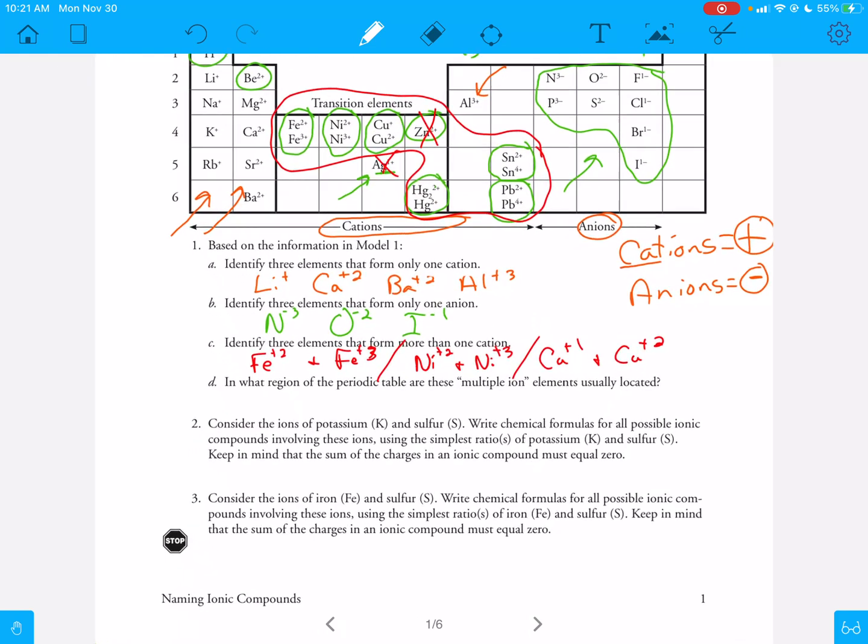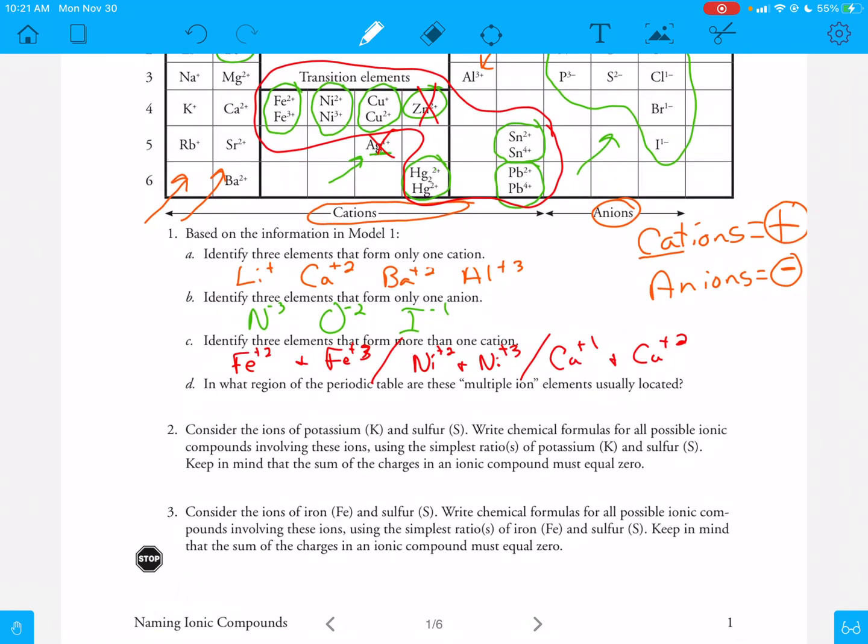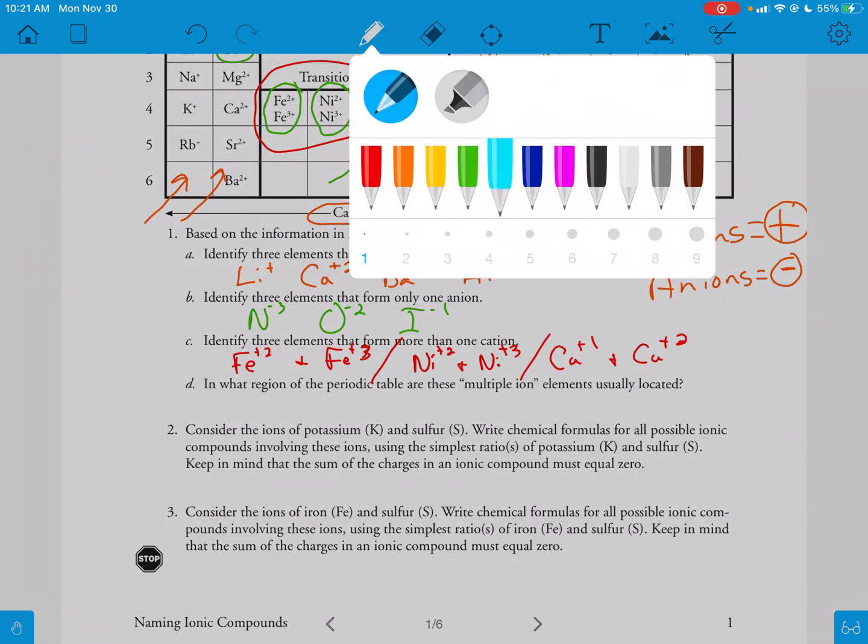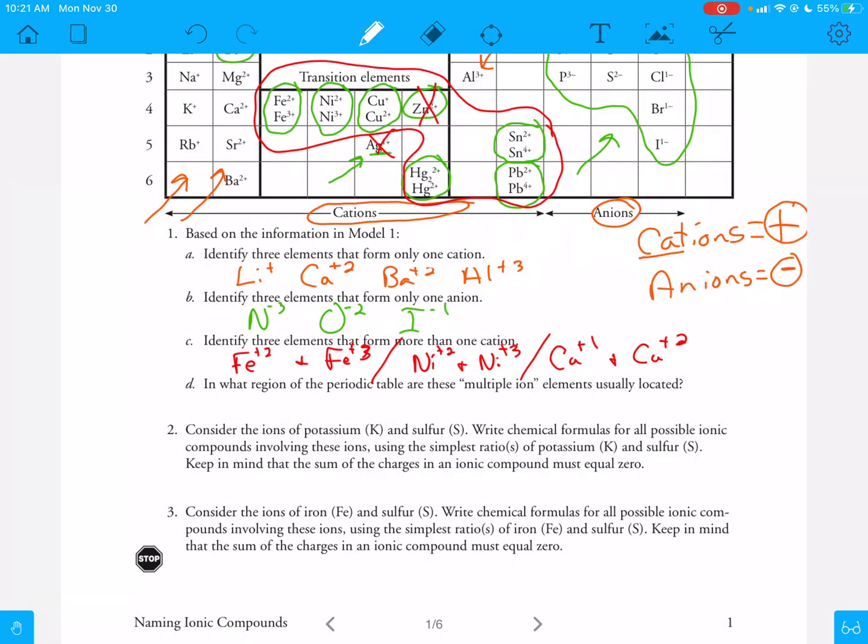Okay, so now let's kind of drag this up and do that. In what region of the periodic table are these multiple ions usually located? Well, you probably figured that out really fast. Where are they? The ones that are multiple ions in general, and I'll have to say usually, because look, here's one that's actually in the P block, right? But in general, these are in the D block. And we've talked about the D blocks and the S block and the P block, right?